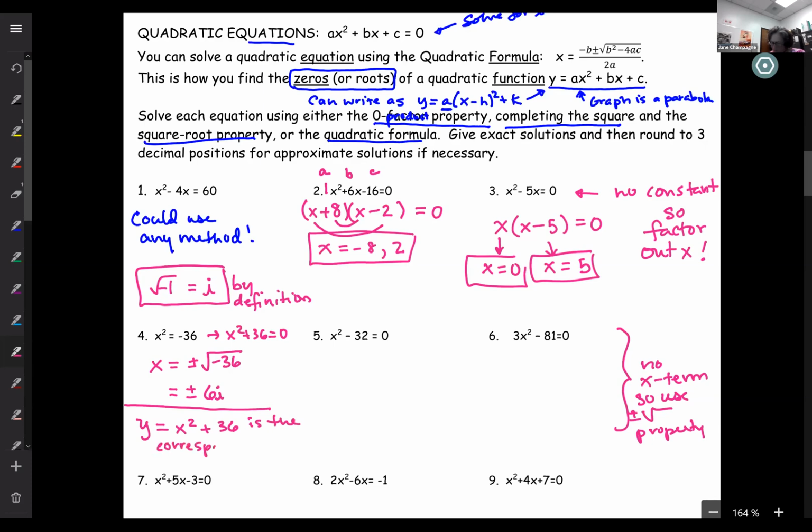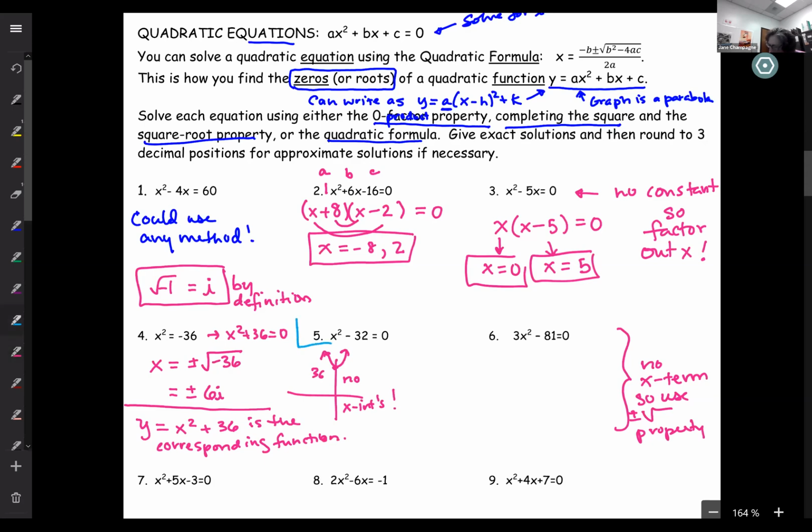What's the graph look like? Well, it's just the squaring function shifted up 36, right? So it'd be like way up here. It doesn't have any x-intercepts, because it's way up there where its vertex is up 36 units.